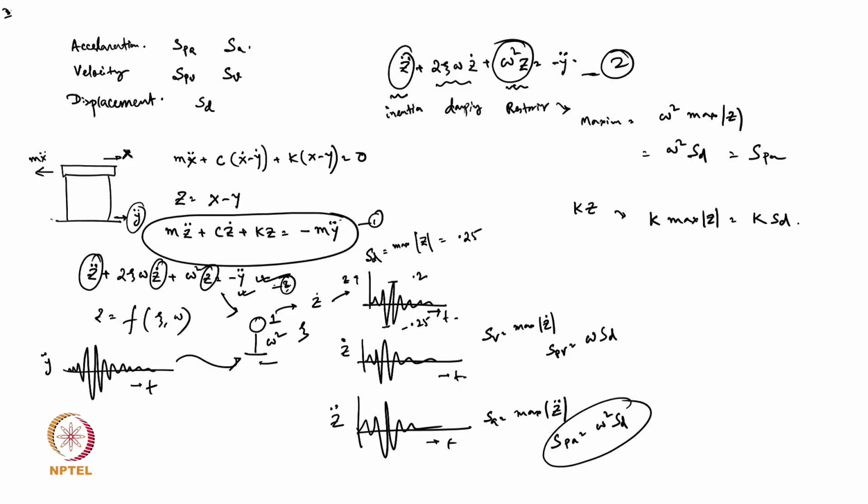should be the force. Then why is there a controversy? Which one is the force, k into Sd or SPA? Now here there is a very critical point. Measuring the stiffness of a structure is very complicated.